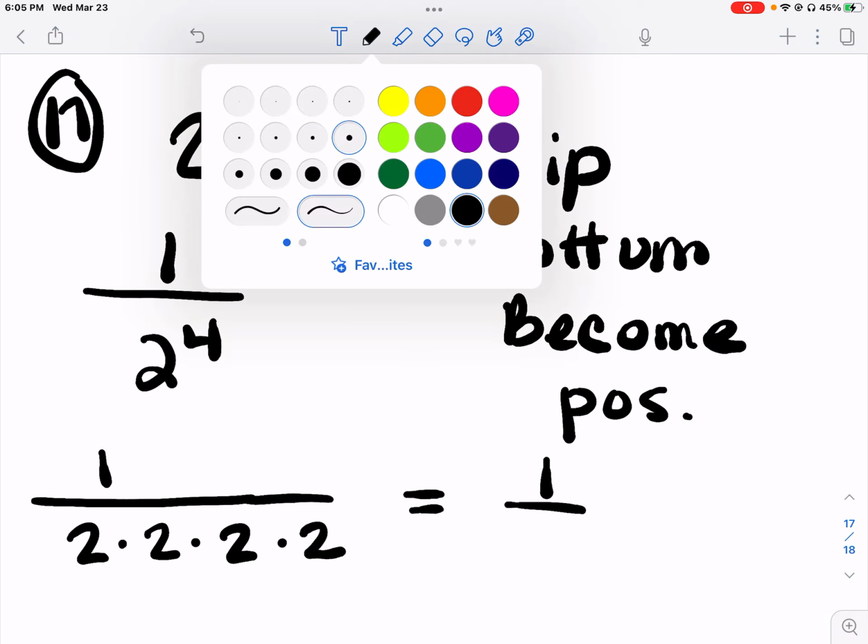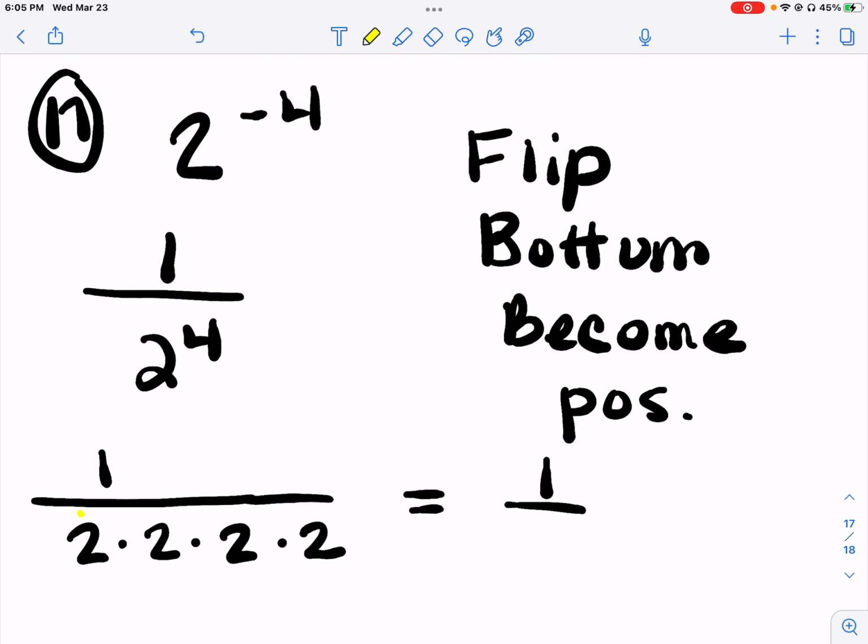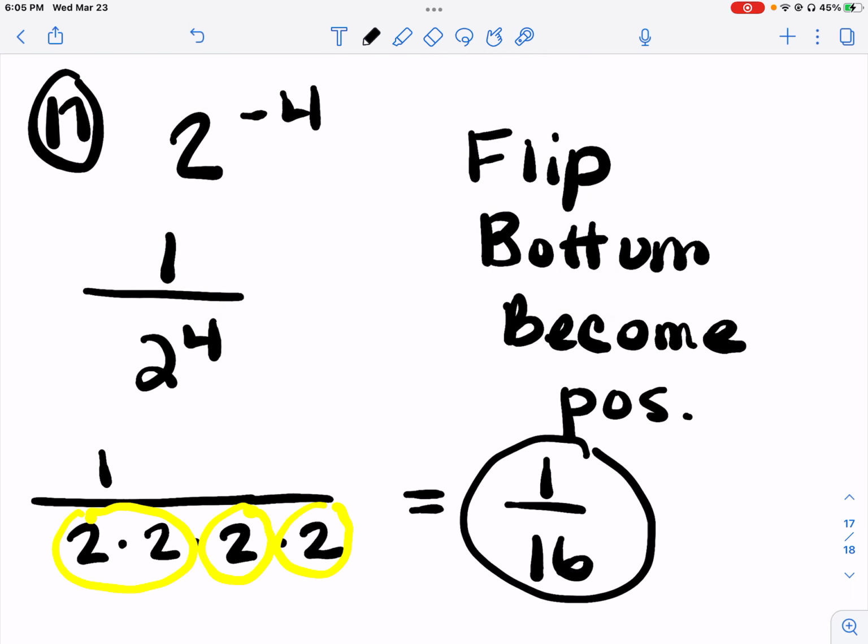Okay. 2 times 2 is 4, times 2 is 8, times 2 is 16. So 1 over 16 is your answer. And that's the end of the review.